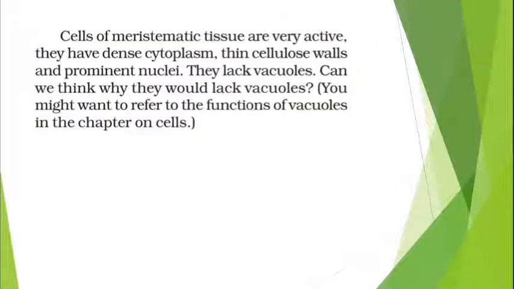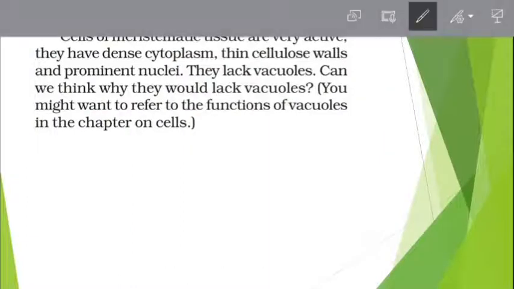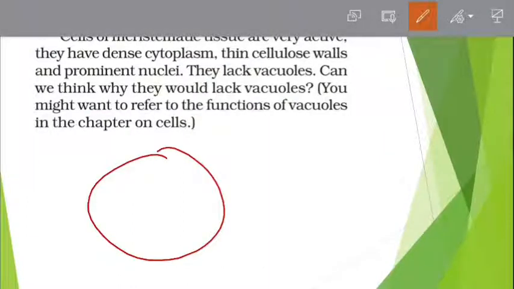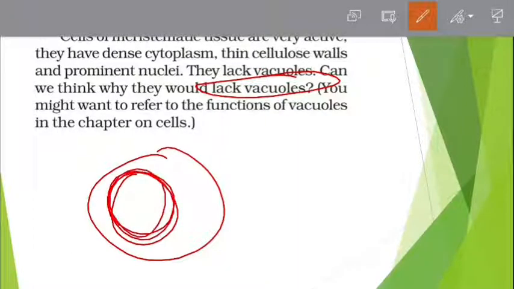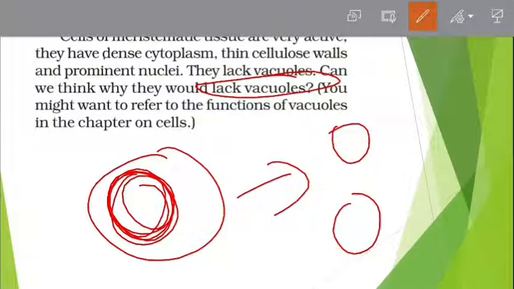It should not have large vacuoles. The large vacuoles would occupy most of the area of the cell, and then it would be difficult for them to divide. If the cell is actively dividing, then it will not produce much waste material. So these cells lack large vacuoles.